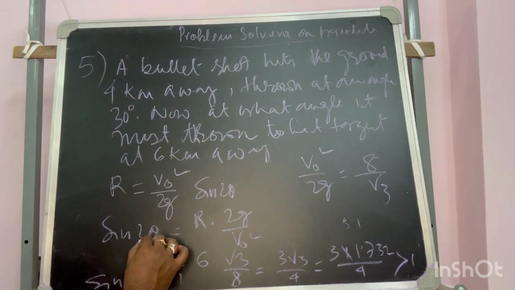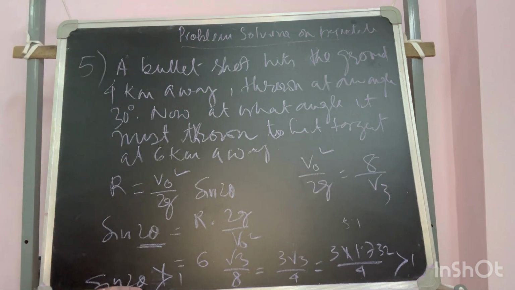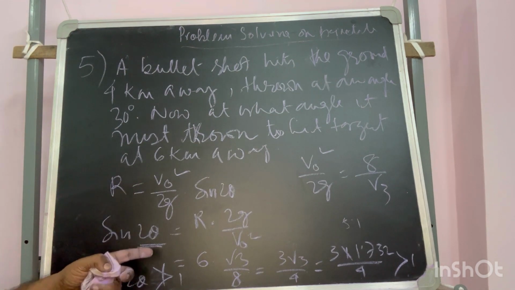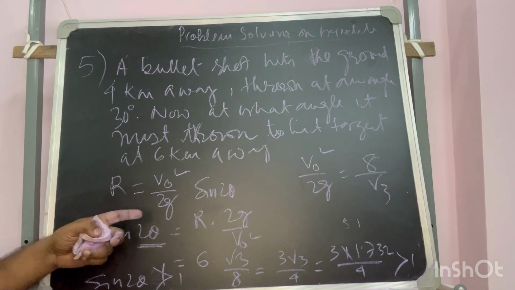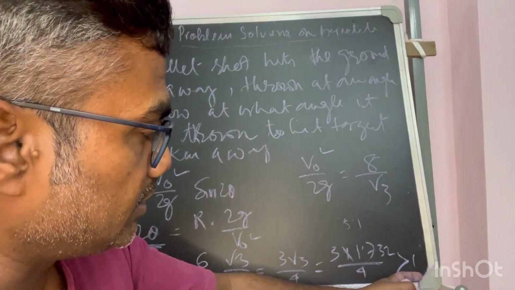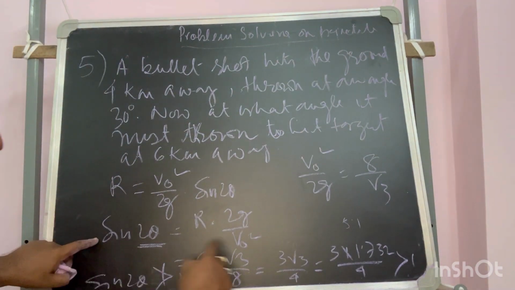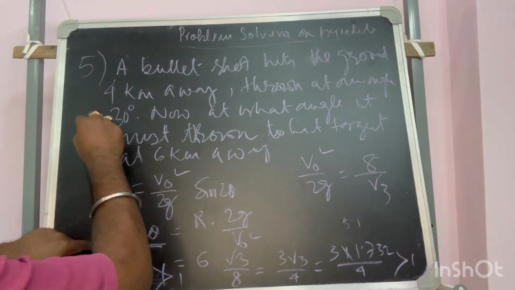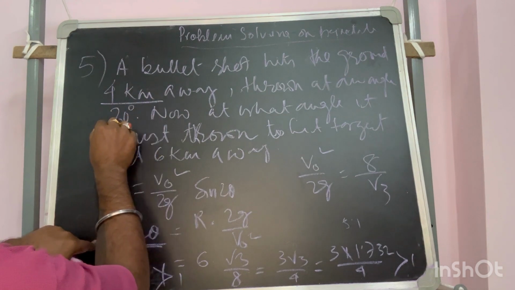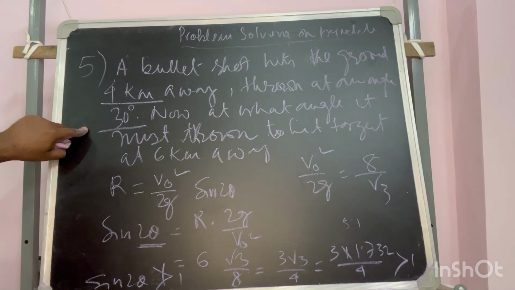So that means whatever angle we are trying to find is not a real angle, because the condition is such that we have arrived at sine 2 theta greater than 1. So the condition given, that if I throw at 30 degrees it will reach 4, is wrong.